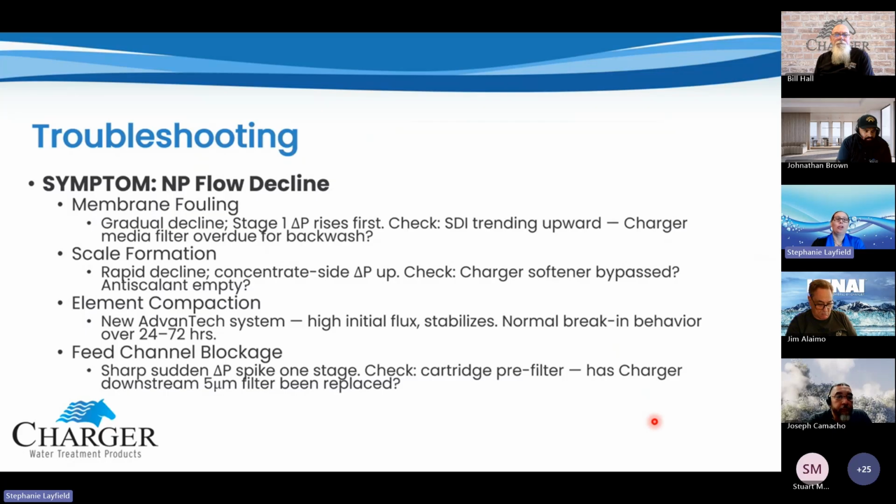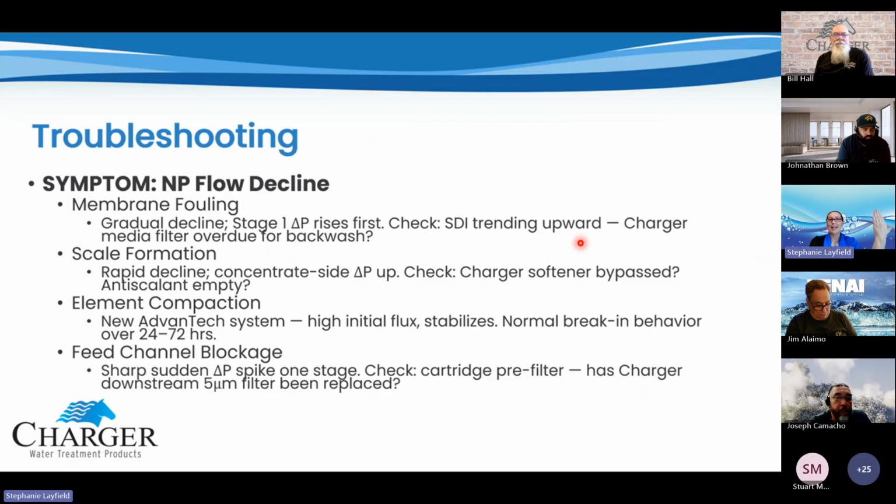Membrane fouling. That's where we got sediment through, or any kind of colloidals that are gunking up and filling in on that membrane and reduce its surface area. Could be scale. As the hard water comes in, it's going to be concentrated across the surface of that membrane.